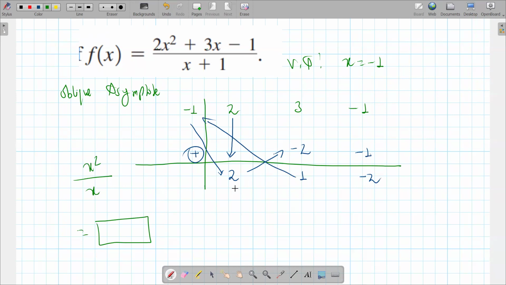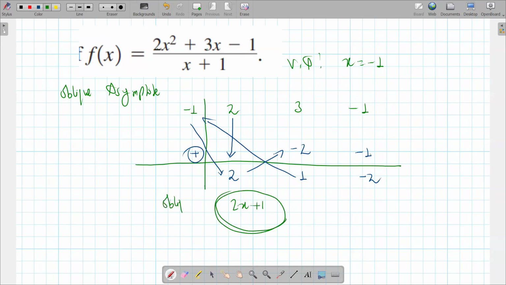X. So this here is a linear function, which means our quotient is 2x plus 1. This is our oblique asymptote. So our oblique asymptote is at 2x plus 1.